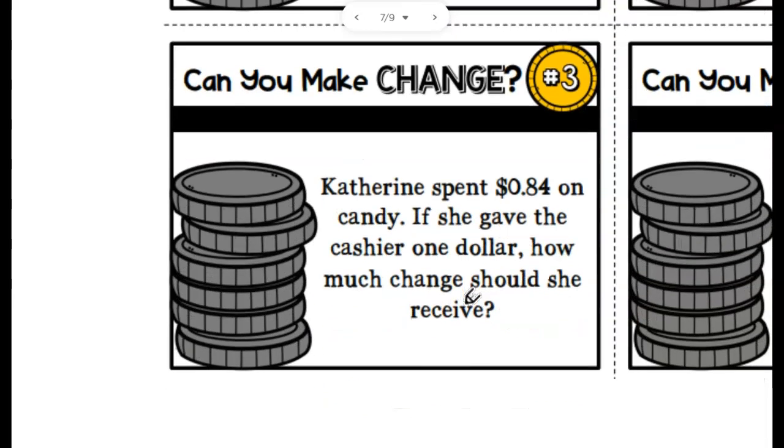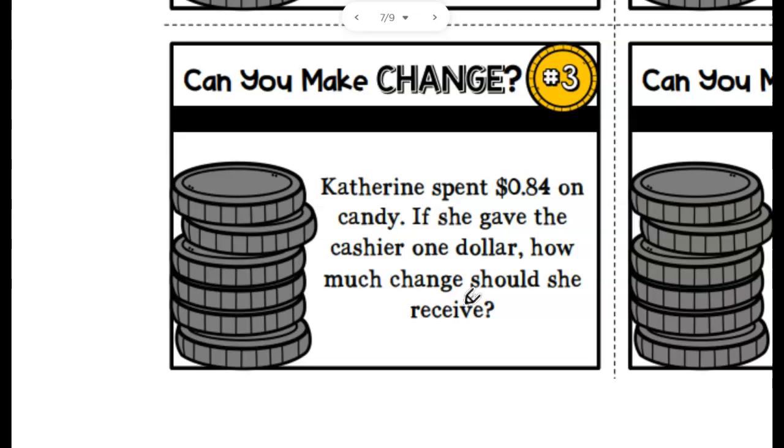For this next part, we're going to use a different strategy to get to the total amount. Catherine spent 84 cents on candy. If she gave the cashier $1, how much change should she receive?